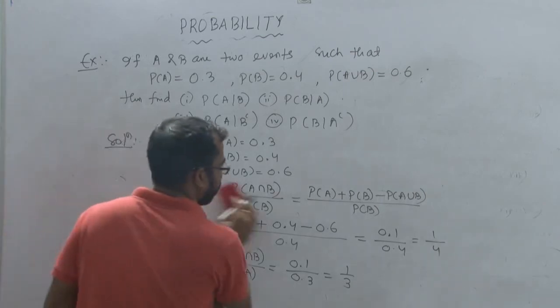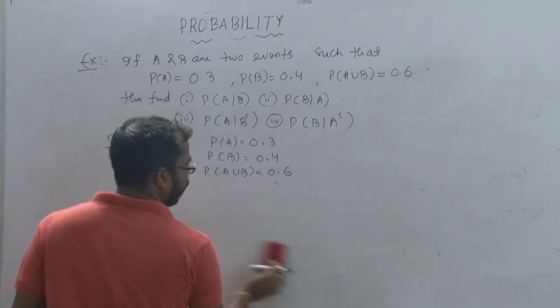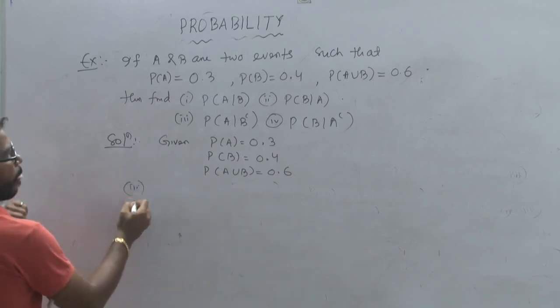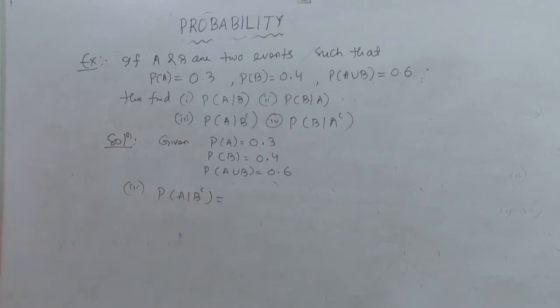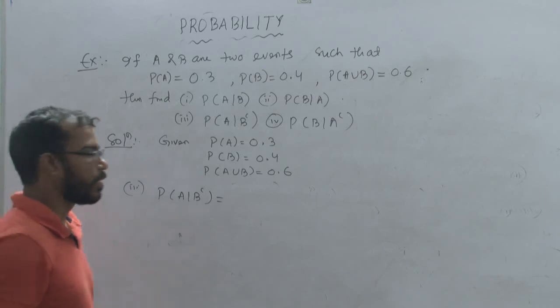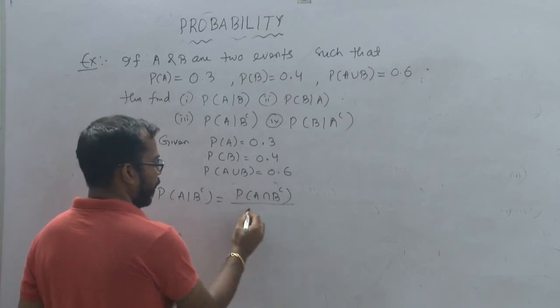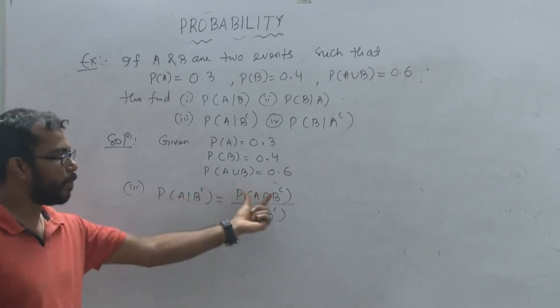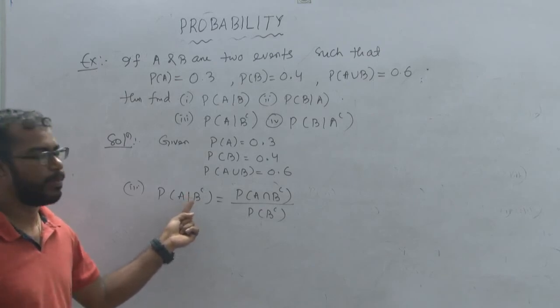Now question number 3, that is probability of A by complement of B. So similarly, when we use this conditional probability, that is probability of A intersection complement of B by probability of complement of B. As you know, in conditional probability, that intersection of both events by the event which is the denominator of this expression.